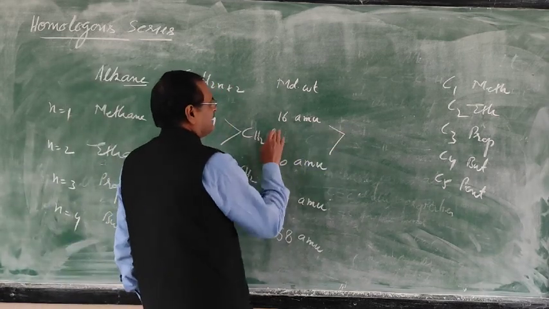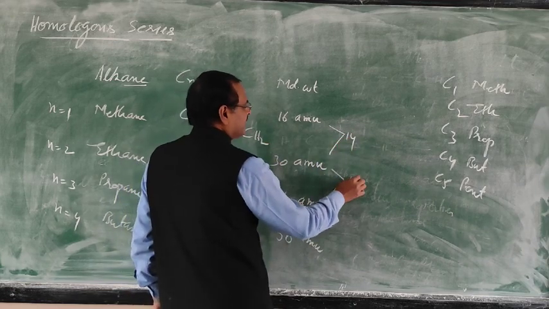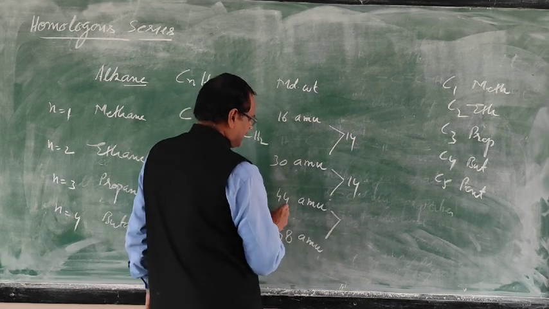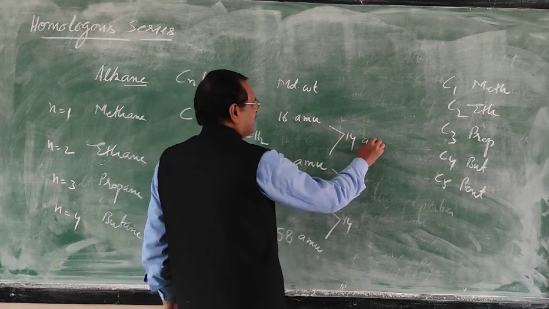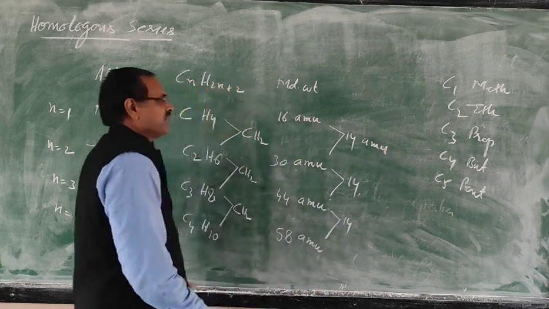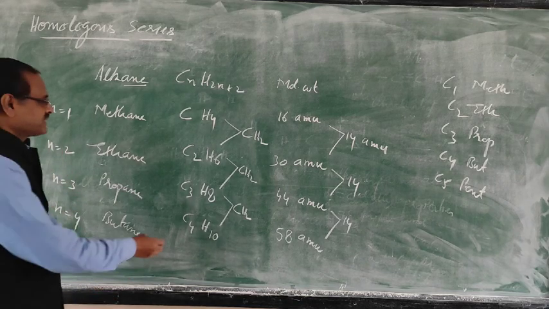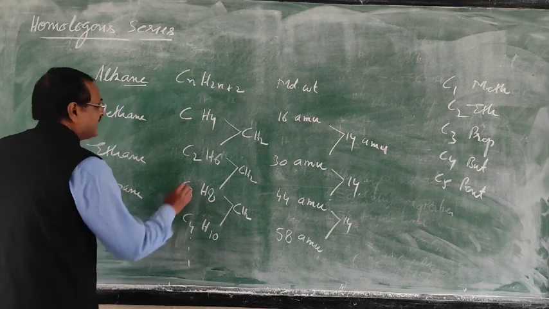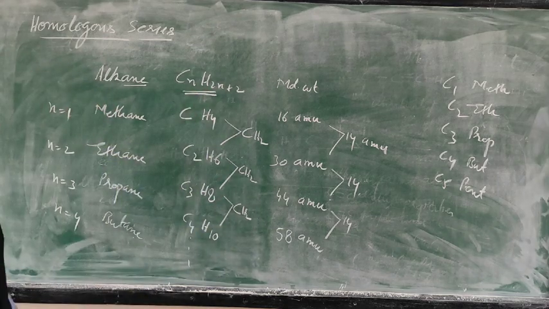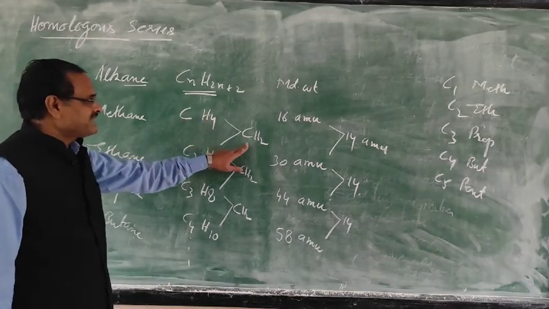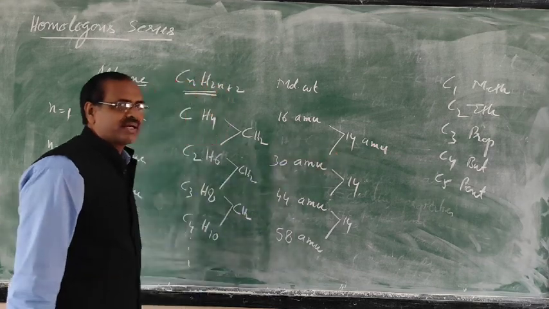So 30 minus 16, 14; 44 minus 30, 14; 58 minus 44, 14. So the difference is 14 AMU. So all the members can be represented by the same general formula, the first characteristic. Then the second characteristic we studied: two successive members differ by a CH2 group or 14 AMU mass, and you are getting that.